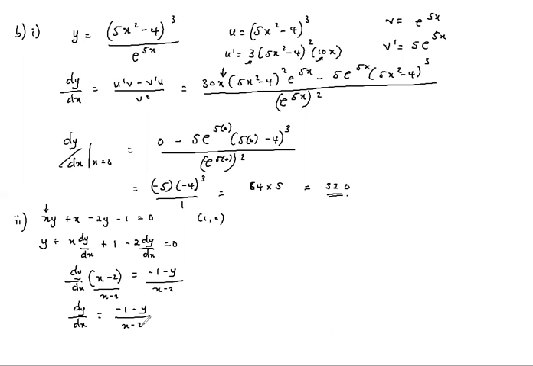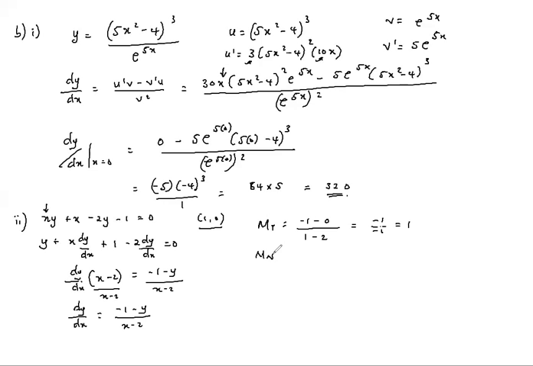At the point (1, 0), you substitute to get the mt. So the mt is negative 1 minus the y coordinate 0, over the x coordinate 1 minus 2. That gives negative 1 over negative 1, which is 1.